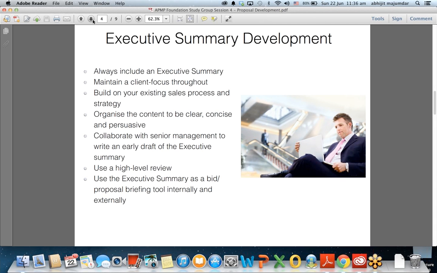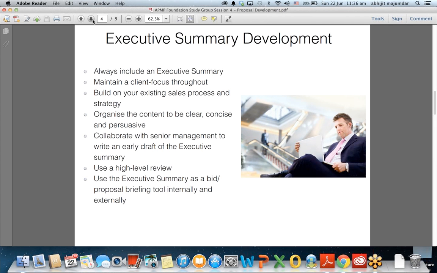If your executive summary fails to impress the customer, and it looks like another general talk about your organization, it does not appeal to the customer. He does not get influenced to look at your proposal.